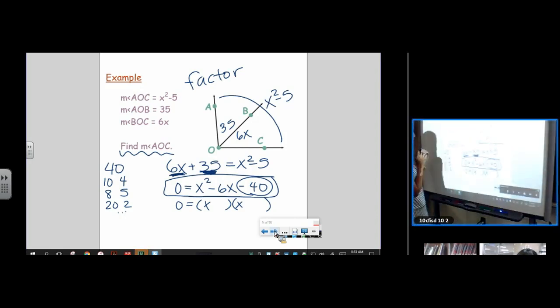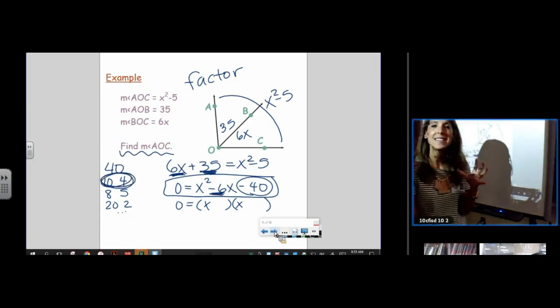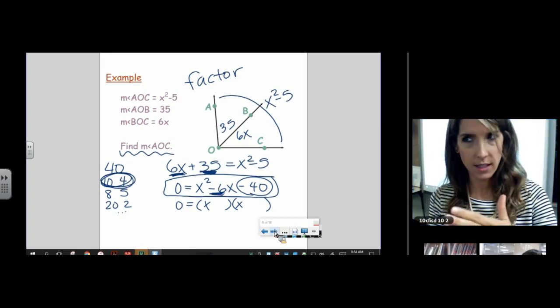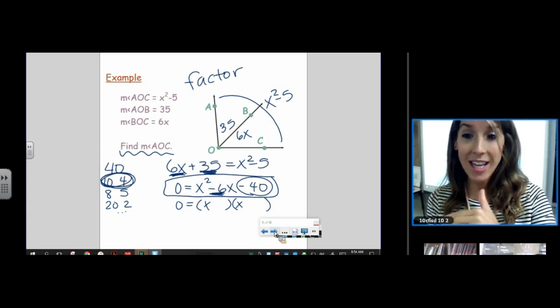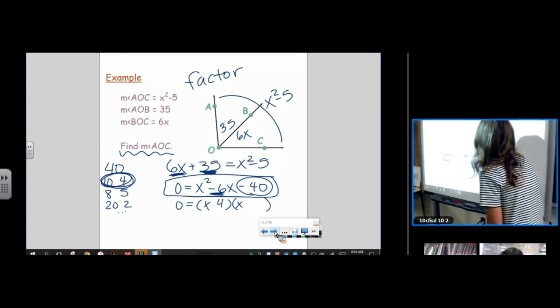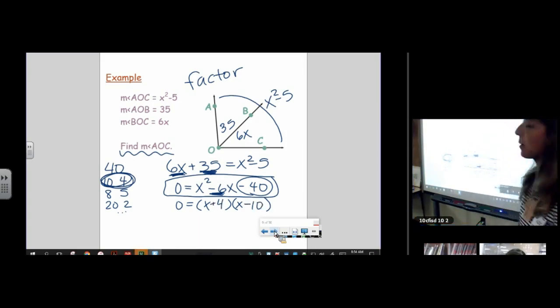So the only pair that can make a 6 is right here, 10 and 4. Now we look at the sign. It's a negative 6. So 10 minus 4, that's 6. Or 4 minus 10, that's negative 6. So 4 minus 10. You can go back and put a plus sign right there.